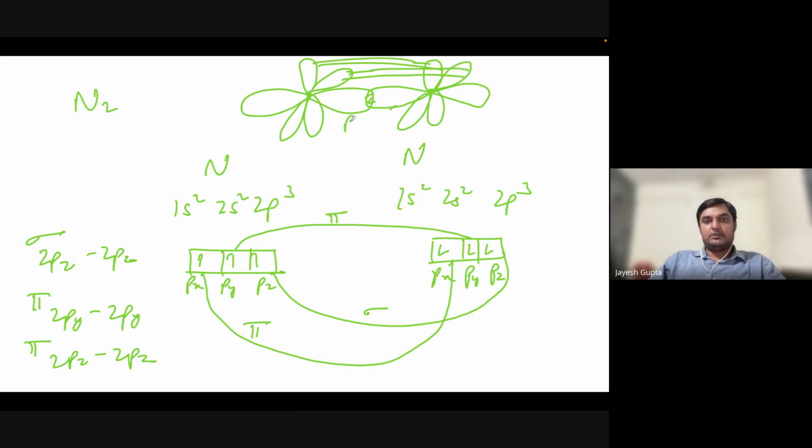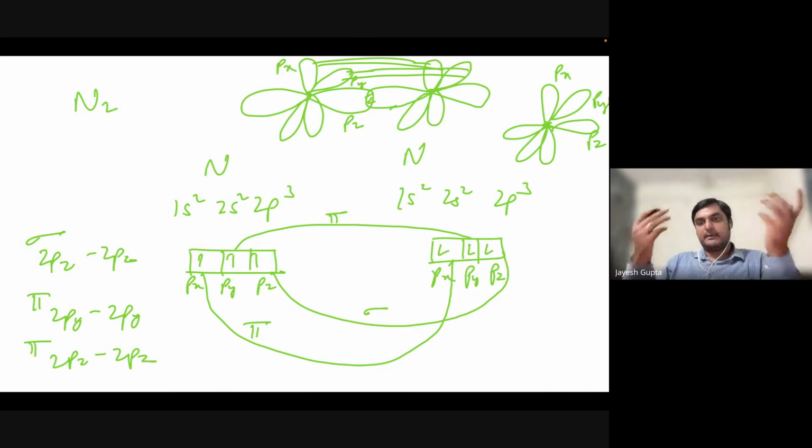Okay, so this is your pz, this is say px, and this will be py. In this way, the bond will be looking like this. If I talk about individual p orbitals, this is pz, this is px, and this I have taken as py. So x and y can be perpendicular, no issue.